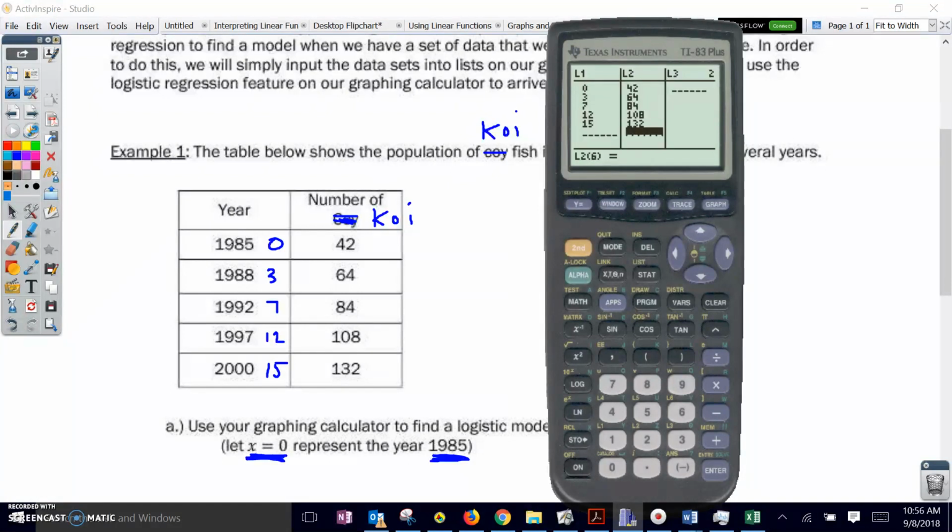And before I go ahead and run the calculation to find the logistic model, I'm just going to do a little quality control check and make sure that I typed everything into my table correctly. And it looks like I did.